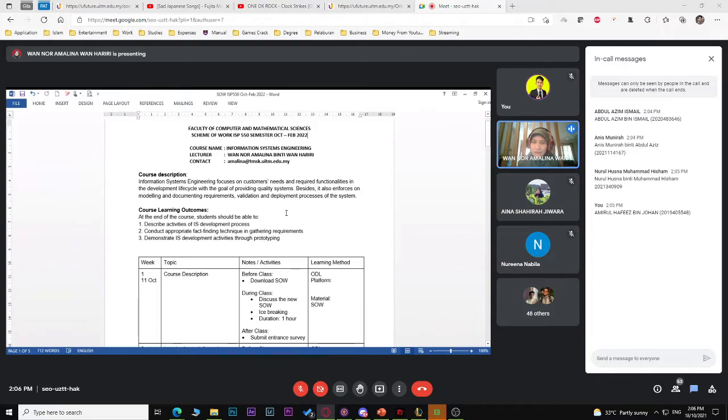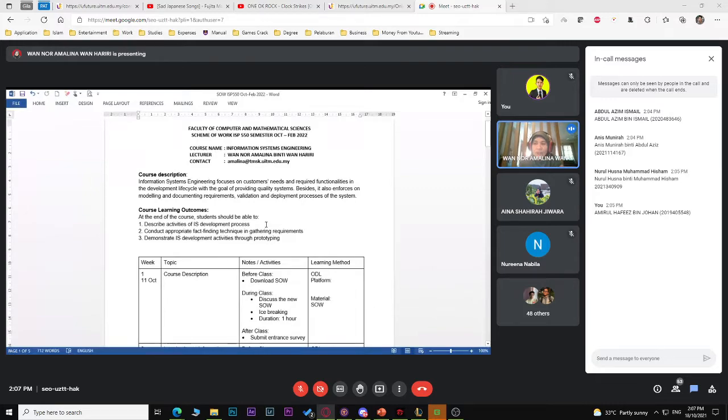At the end of the course, you should be able to describe activities of the information systems development process, the whole development process. I believe you have done some development in other classes as well, right? But what makes this class different is that you will go through the development process through a stringent activity.